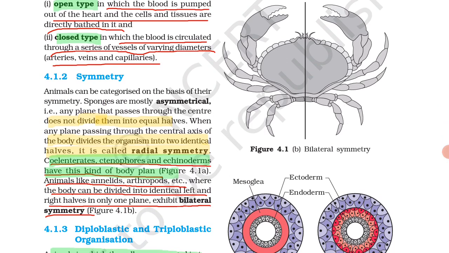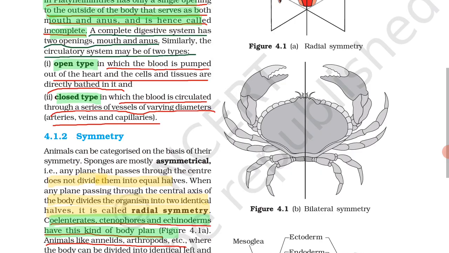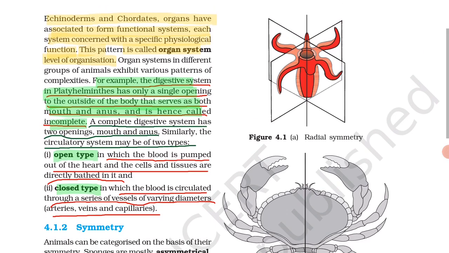So what happens here? Whenever we take a cut from a particular body and the body does not divide into two equal halves, it is called asymmetrical. The example is sponges. See the example of radial symmetry in figure 4.1a.